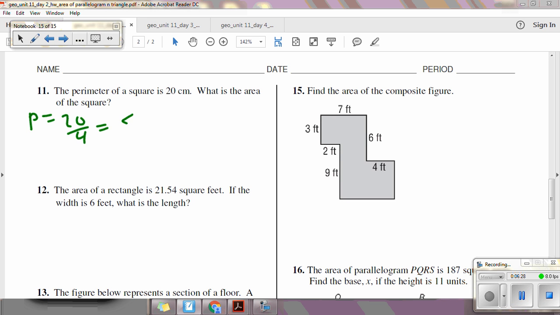So this would be 5, and 5 represents a side. So the area of a square formula is side squared. So that means 5 squared, which is equal to 25 centimeters squared.